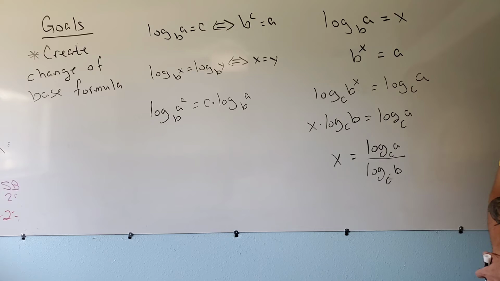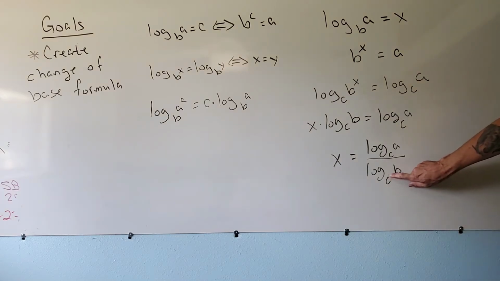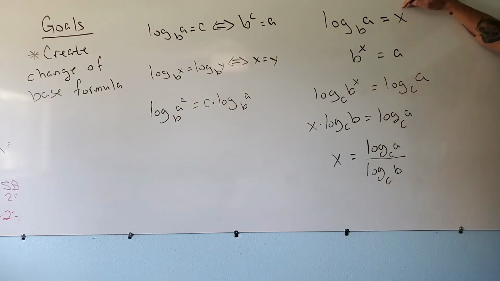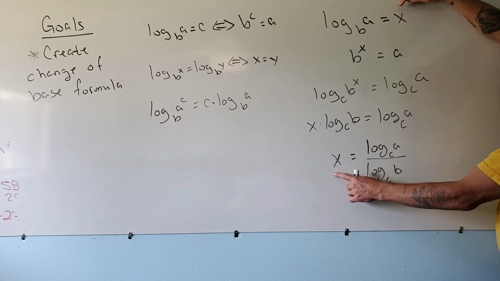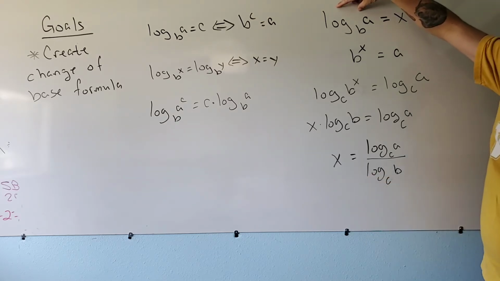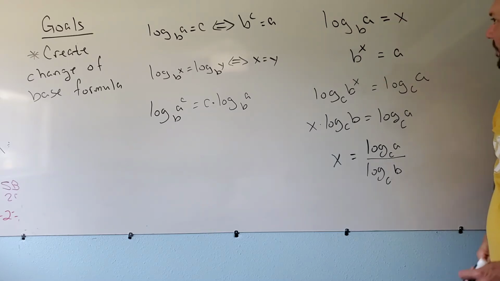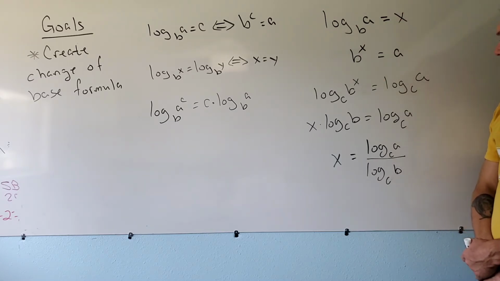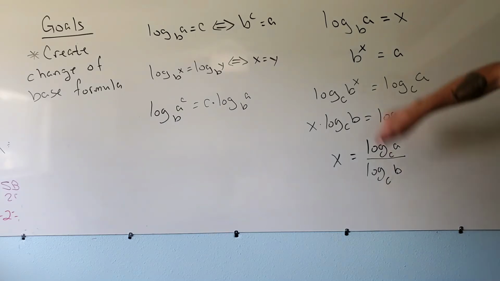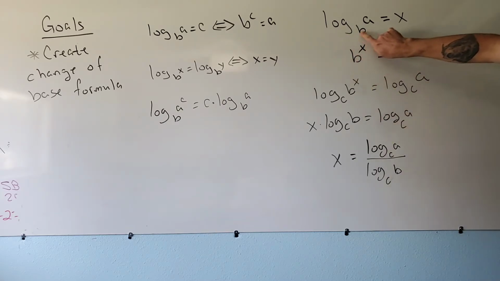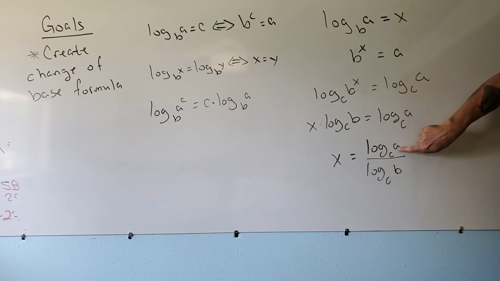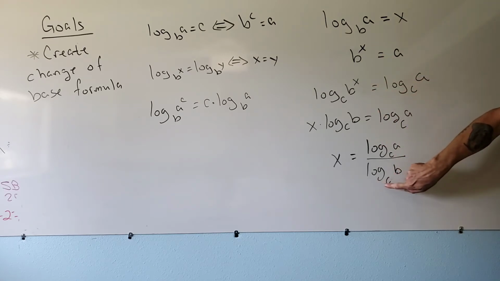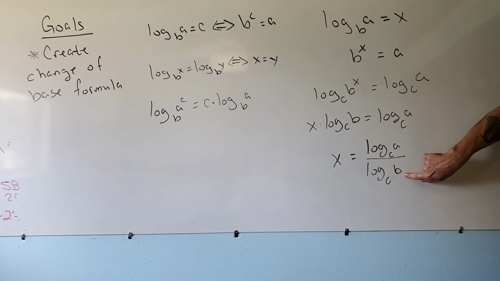Now, at the very beginning, notice that my very first equation was equal to x. And so I can replace this x with this, all right? So the change of base formula actually means that if I have a log base b of a, I can rewrite it as log base whatever I want of a divided by log same base of b.